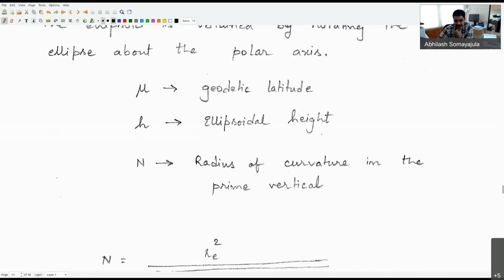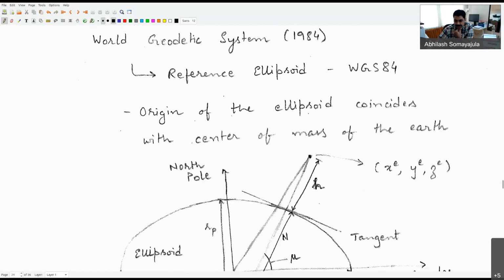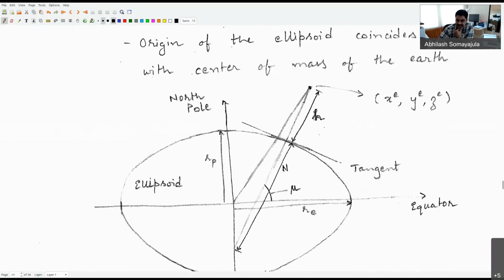Then the latitude is called the geodetic latitude and h is called the ellipsoidal height. So if we go back to this picture, the height h refers to the tangent plane drawn at the point of interest, from where we are drawing a perpendicular onto the ellipse. The point of interest is here, and we draw a perpendicular to the ellipse, and the angle that this perpendicular makes with the equator is denoted as the latitude.